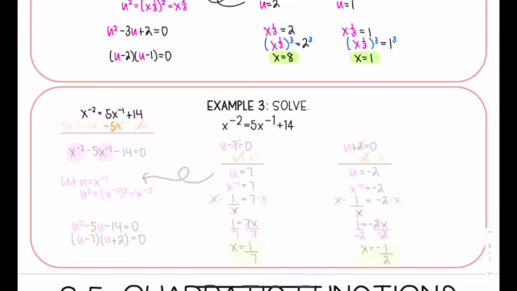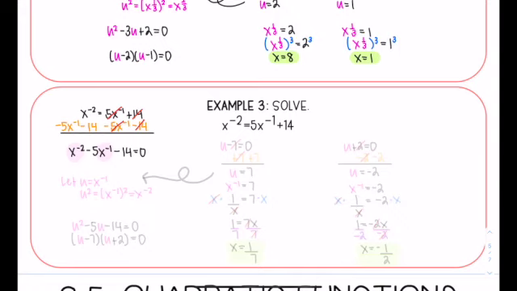So I'm going to subtract 5x to the -1 and 14 from both sides. So we end up with x to the -2 minus 5x to the -1 minus 14 equals 0.